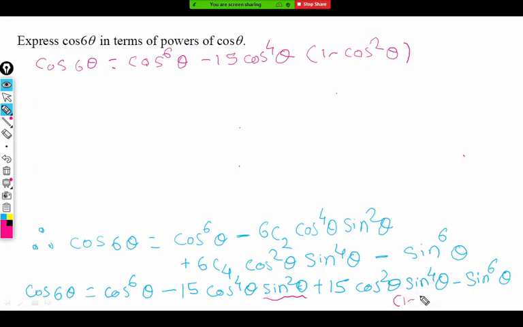This is actually 1 minus cos square theta bracket squared, and it is better to write that bracket square in one step, otherwise your steps will increase.